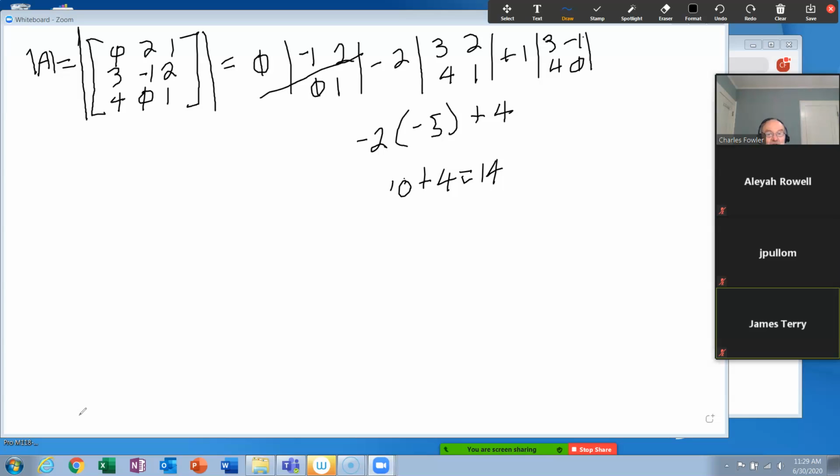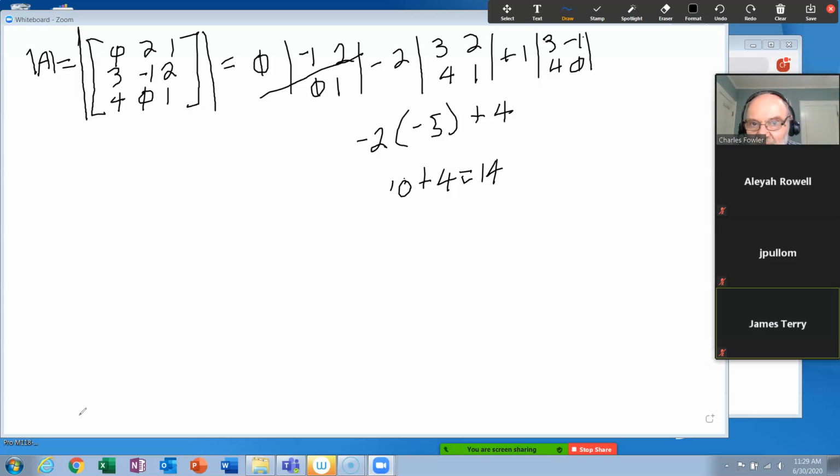So guess what? You can pick any column you want to and go down that column and find the determinant that way. It doesn't have to be the first row. It doesn't have to be any row. It can be any row, any column. Okay? Now, just to reinforce this, I'm not going to prove it, but it's going to reinforce it. I want to point something out to you.